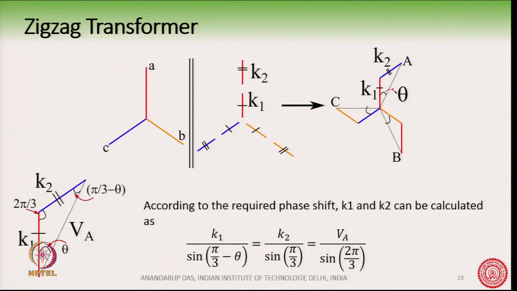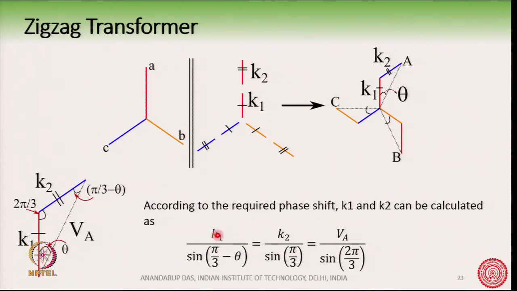You can see here we have seen this diagram. This is O, A, B, C. So, you can find the mathematical relation between K1, K2 and VA. For example, this is the output phase voltage of the zigzag transformer.